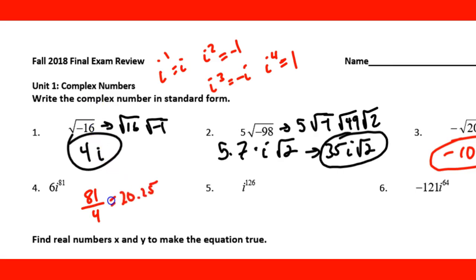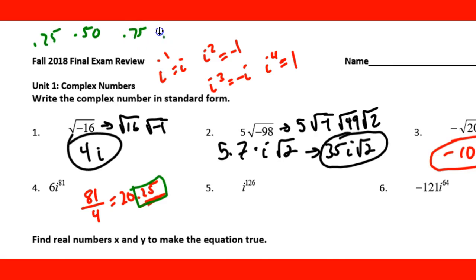But what we want to look at is this portion, 0.25. Well, that's 1/4. Remember how a quarter, 0.25, is 1/4. 0.50, or 50 cents, is 2 quarters. 0.75 is 3 quarters.